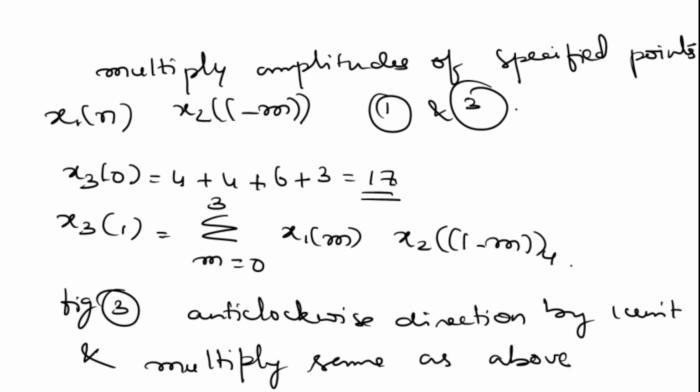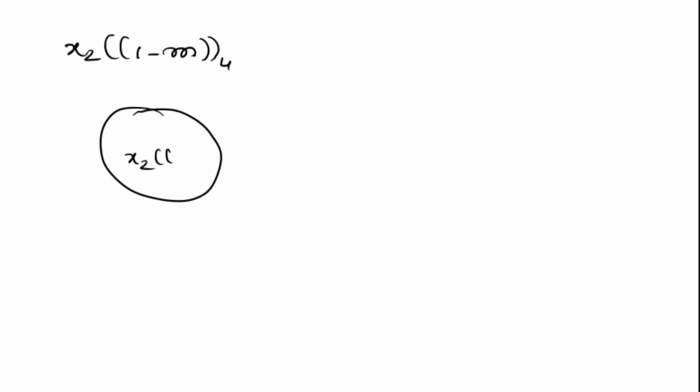That means we have to draw x2 of 1 minus m of 4. So 4 will go here, 2, 2 and 3.